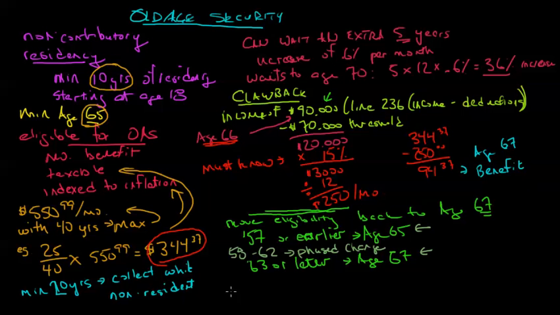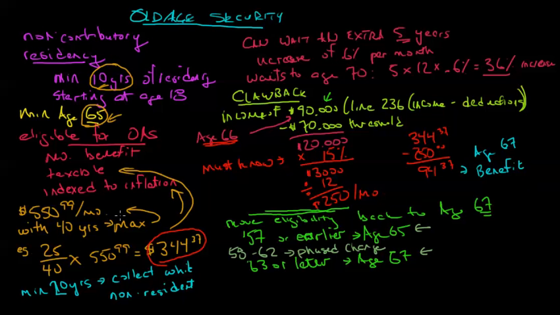So now they start counting their residency at age 57. So when they get to 65, they have an issue here where they don't yet have 10 years of residency. So they're not OAS eligible. But what they can do is they can wait an additional 2 years, wait until age 67. At age 67 now, they will have their 10 years of eligibility, and then they can apply for OAS.